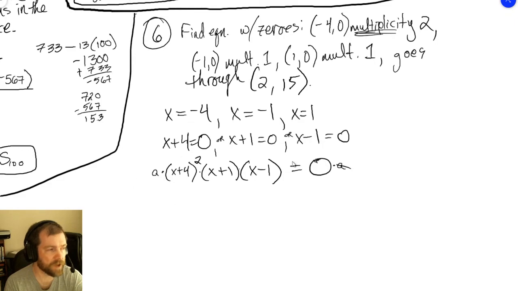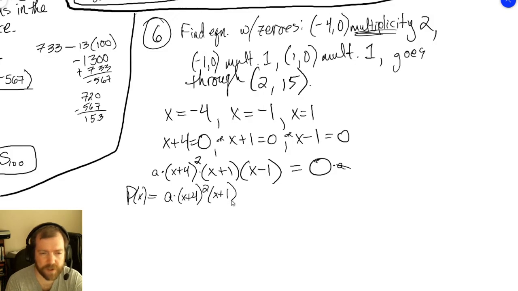Then this becomes the equation generally for the function we're looking for. So f of x is equal to, let's do p of x just because, right, polynomial, a times x plus 4 squared times x plus 1 times x minus 1. Then we say, well, this whole thing needs to go through this point, (2, 15).